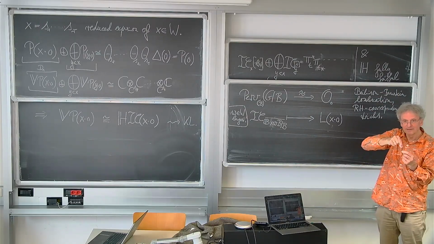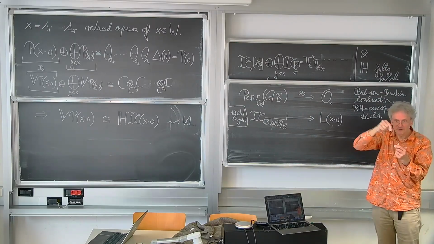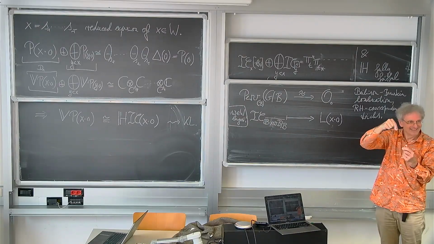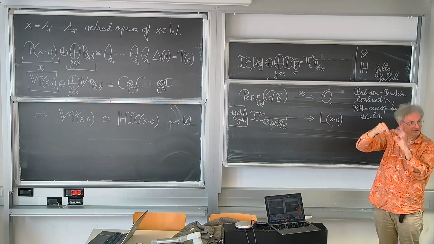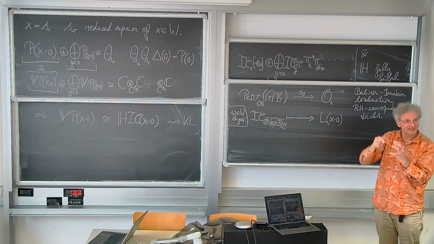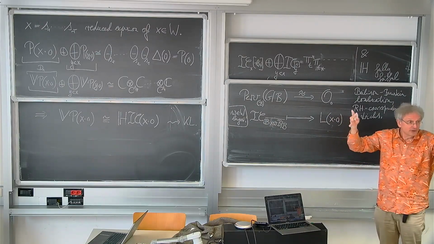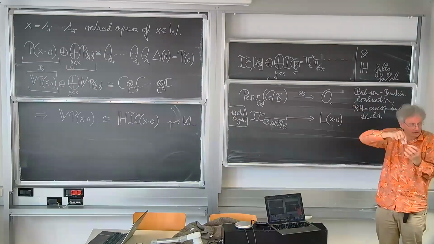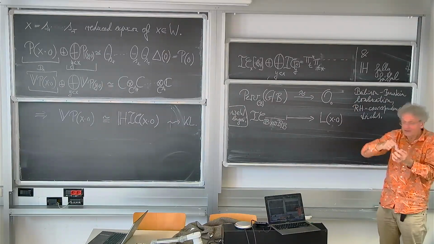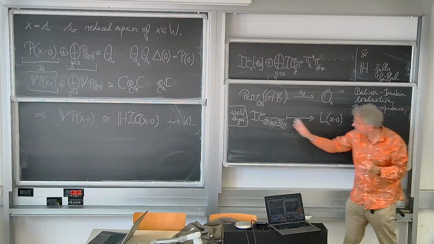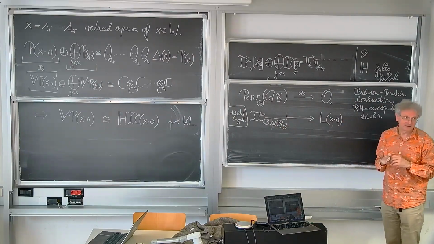This is the D module generated by the Dirac delta distribution sitting at this point, and all its derivatives. So this looks like a Verma module. It's the global section, there is no draft, it just sits at the point.